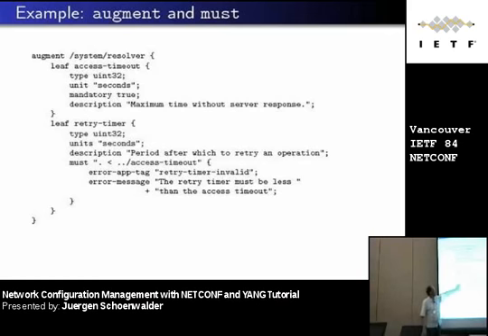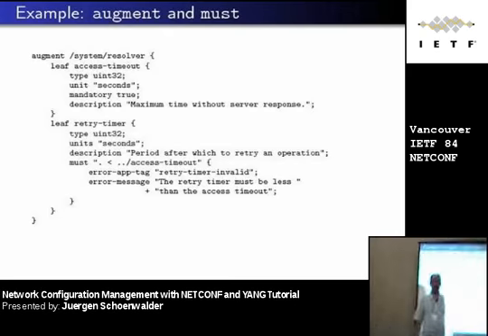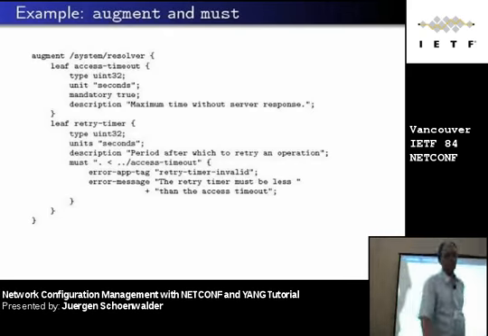I can get a meaningful error tag, such as retry timer invalid, and I might be given a meaningful message that I can see too. So this is an example where YANG really ties directly into the semantics of the protocol. It's extremely useful. Just having a generic error would also be useful, but not as good as being able to specify what it actually means to the user or application for this particular type of thing.